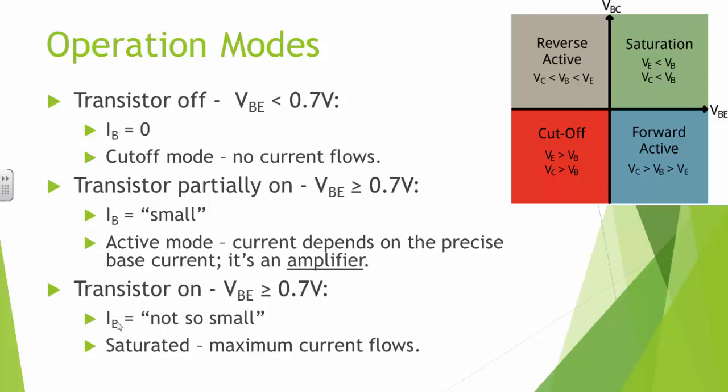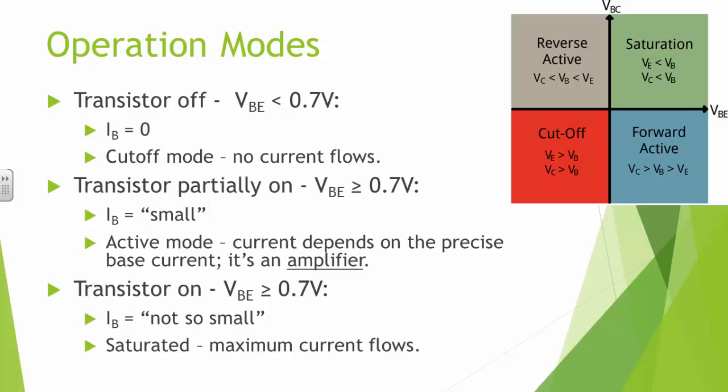At some point, the transistor no longer amplifies, it's simply on. It's saturated, it's the maximum current that it can support, and increasing the current to the base won't increase the current through the transistor. So this saturated mode is essentially the transistor giving us the most it can.